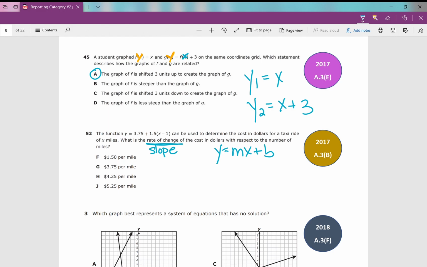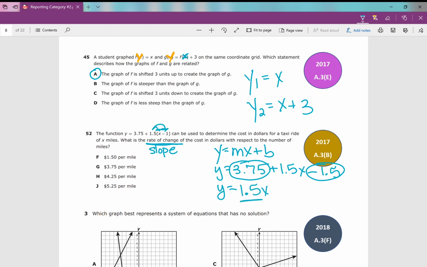So y is already solved for. I'm just going to make it look like mx plus b. So I'm going to distribute this 1.5. So 3.75 plus 1.5x minus 1.5. And then what do I need to do at this point? Combine like terms. So I'm going to put this in slope-intercept form.